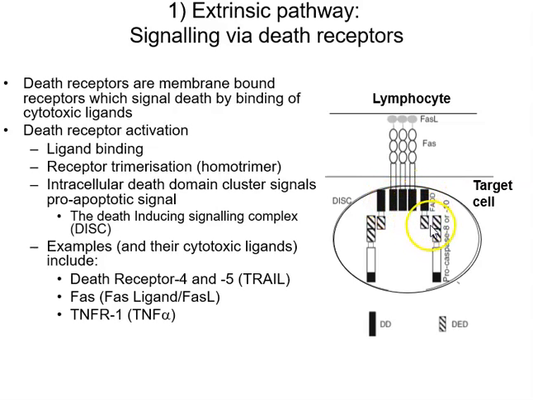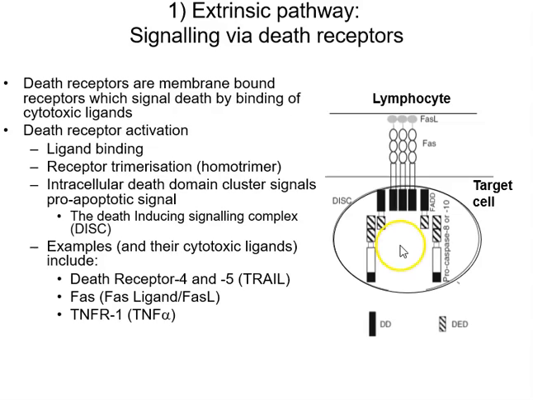The other end is a death effector domain, and that death effector domain will bind to the death effector domain of procaspase 8 or procaspase 10, and that will bring 2 caspase 8s in close proximity to each other, and then they can auto-activate each other, and we'll see this in more detail in a moment.